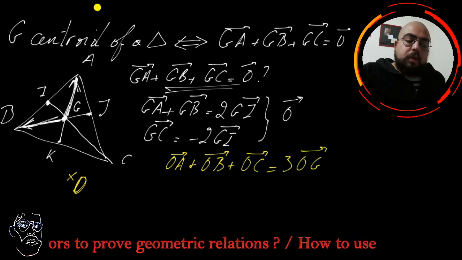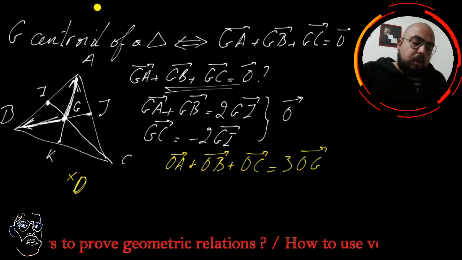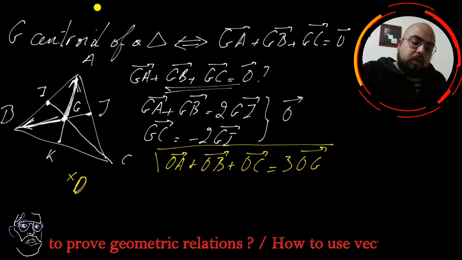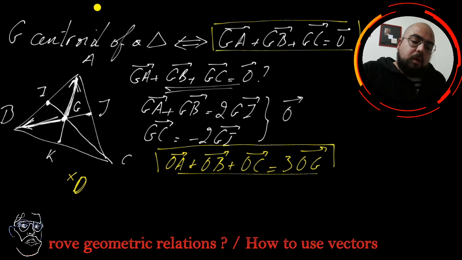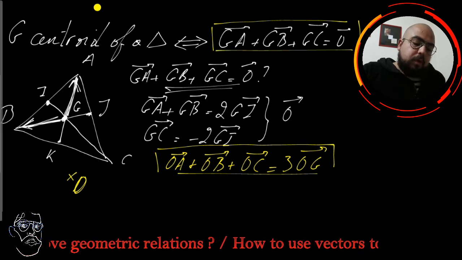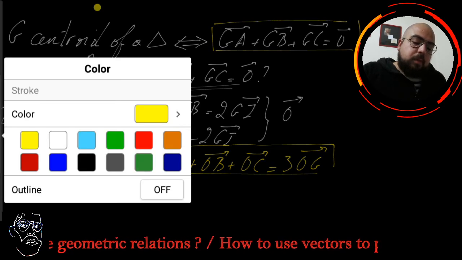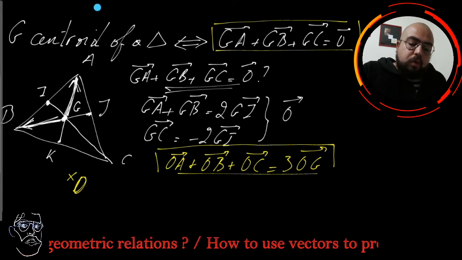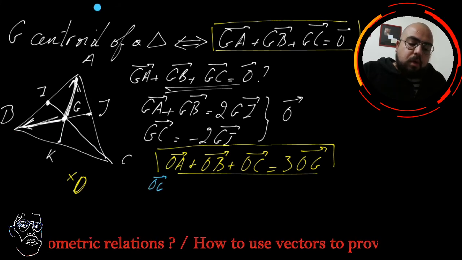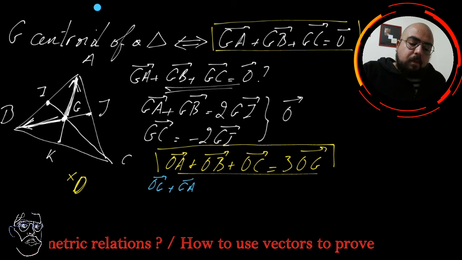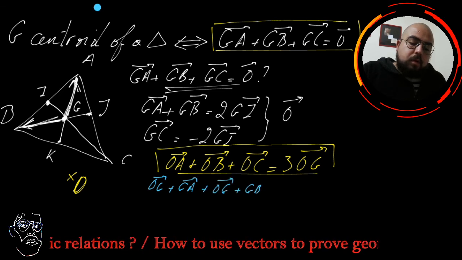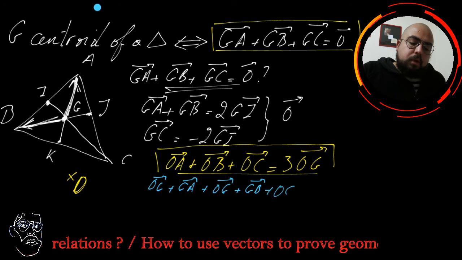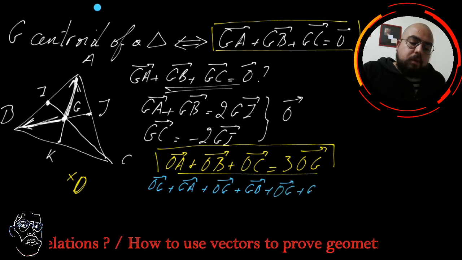In order to demonstrate this, again, it's very simple. These two relations, you can use them directly. So in order to do the demonstration, you simply integrate the point G. So you will have OG plus GA plus OG plus GB plus OG plus GC.